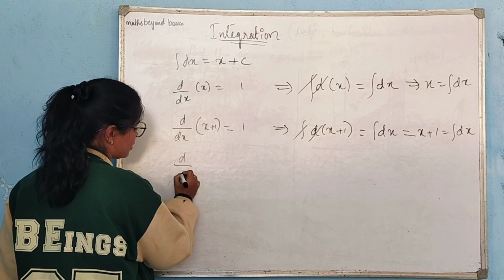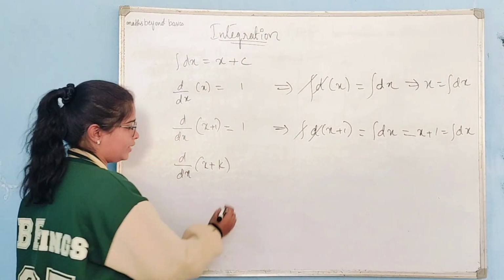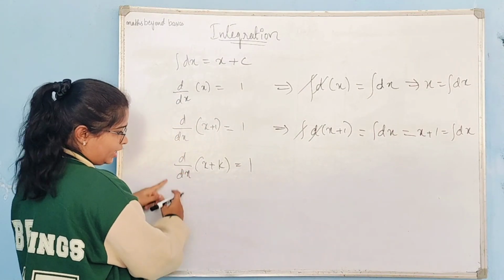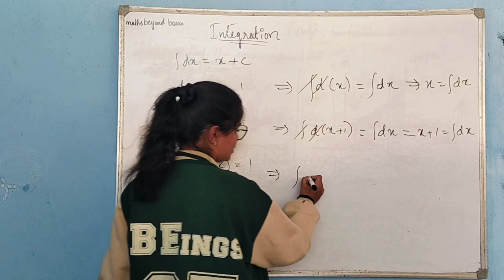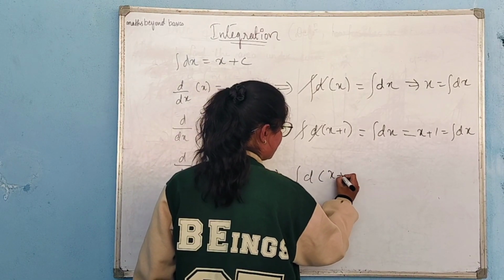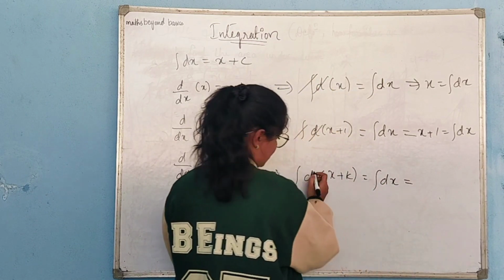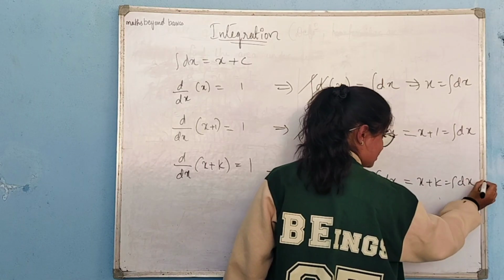And if you similarly do the same for, let us say, any constant k, you will again obtain the same, right? d by dx of x is 1 and d by dx of a constant was 0. So therefore again if you take the anti-differentiation, you will get x plus k equals the integration of dx.